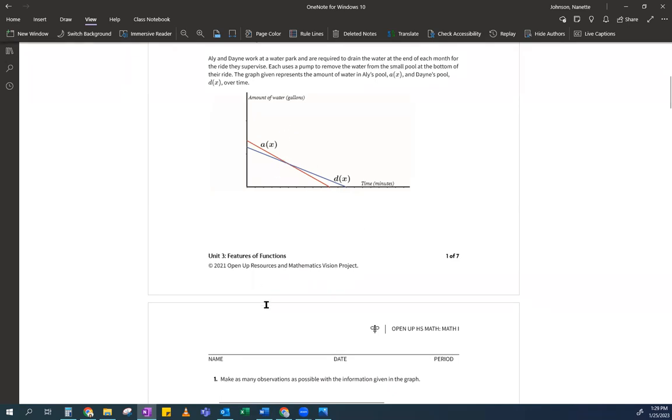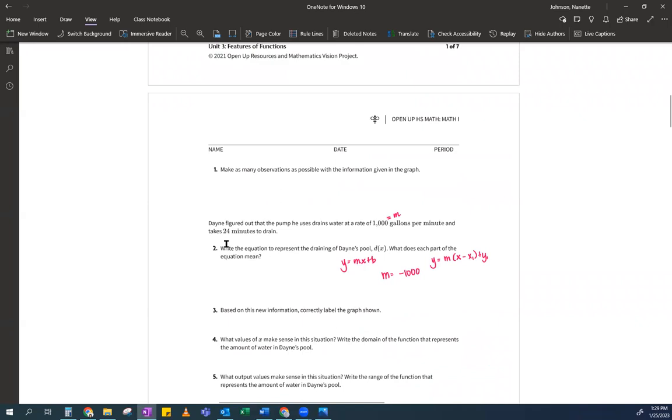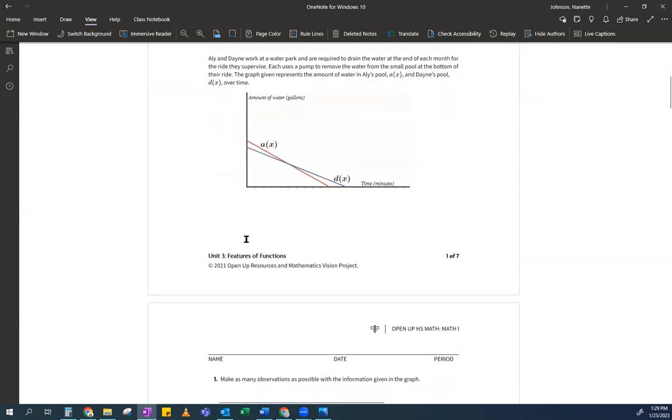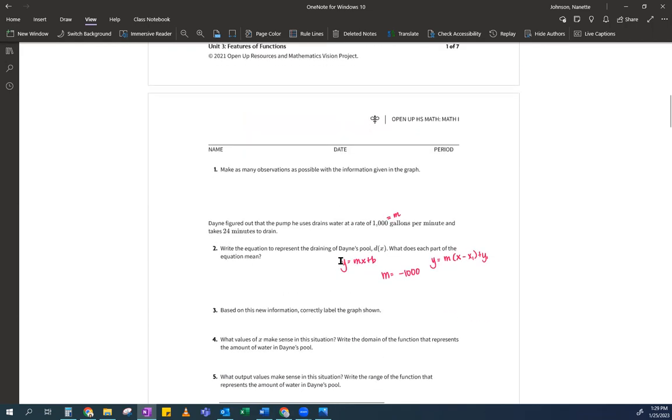Now think about it. This says 24 what? Everyone read it. Say it out loud. Minutes. So where would I put it? Would I put it on the gallons axis or the minutes axis? Of course. Ms. Johnson's favorite math practice is called attend to precision. What it means is I say what I mean, and when I say it, you understand what I mean.